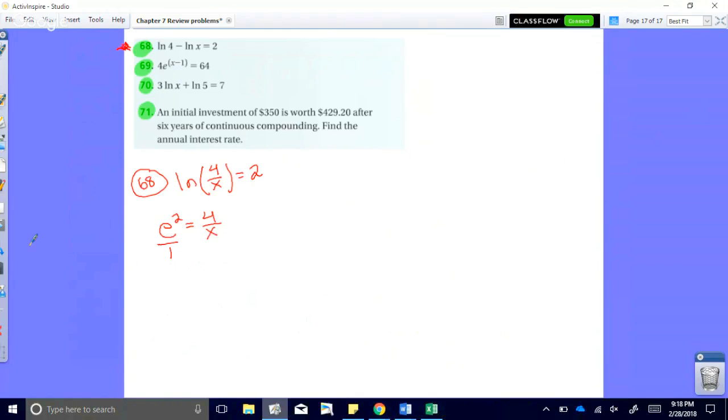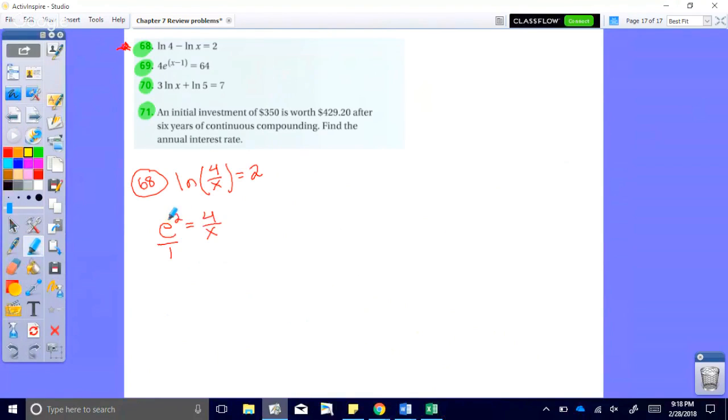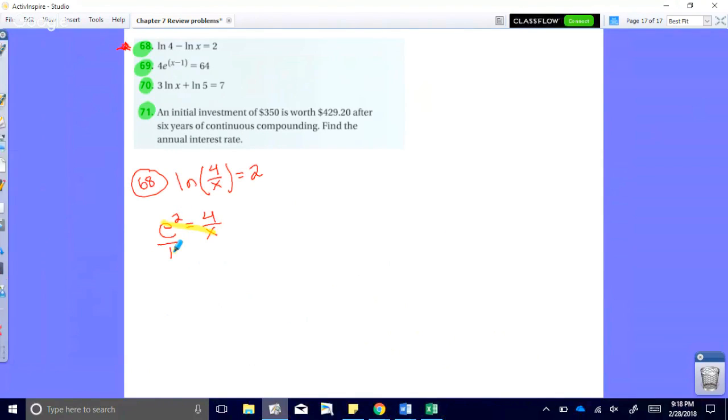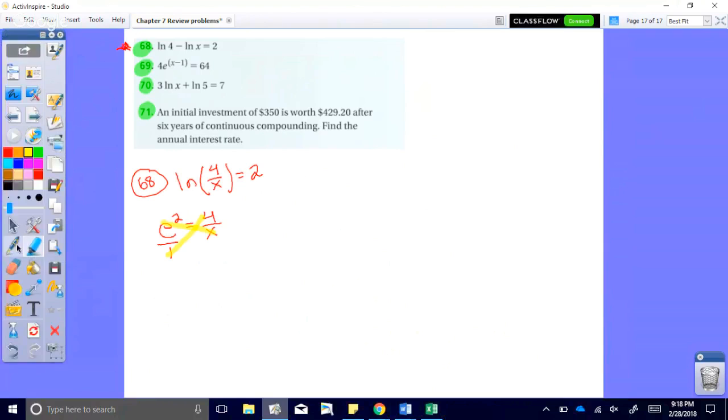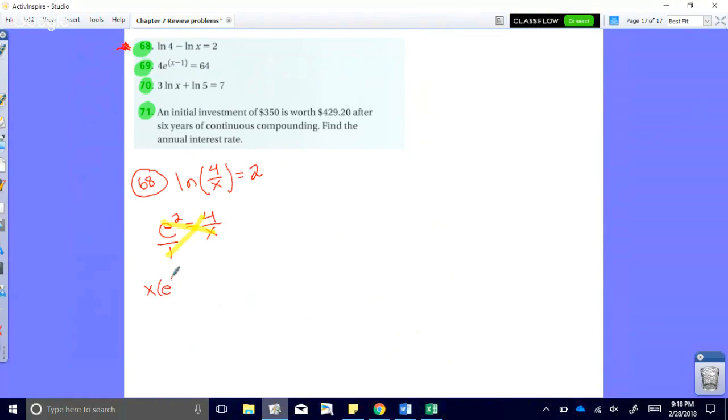It might help us if we think about this as a fraction over a fraction. We're going to cross multiply. So this is x times e to the second equals 4 times 1. And then I can divide by e to the second. And again, once I get that, it's my final answer.